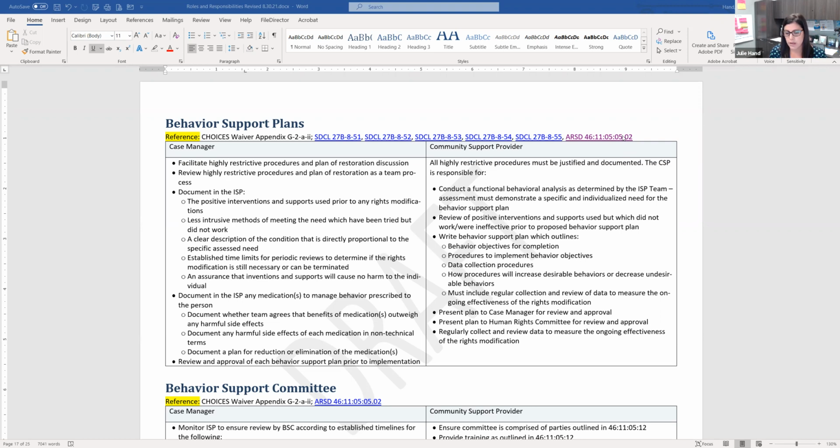If I have a behavior support plan and we're trying to modify someone's behavior, and after redirecting and prompting and all of those less restrictive things have been tried, that plan includes a physical intervention, that has to be reviewed by the behavior support committee. Whereas a food restriction, in your example, Georgia, wouldn't be considered highly restrictive and would not require behavior support committee review. Does this make sense?